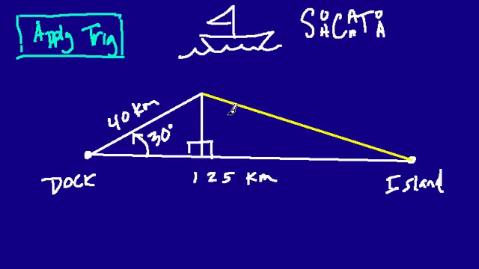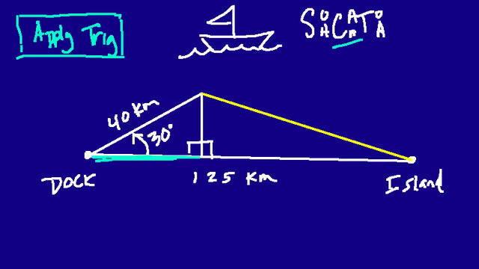And, well, what do I want to know? I want to know these distances right here. I'm going to use both of them. So let's use the cosine first, because I think it's important to know this right here. That would tell me how much is left to get to the island. And this is our adjacent side to the angle, because cosine is the ratio of the adjacent side, this teal side right here, over the hypotenuse.